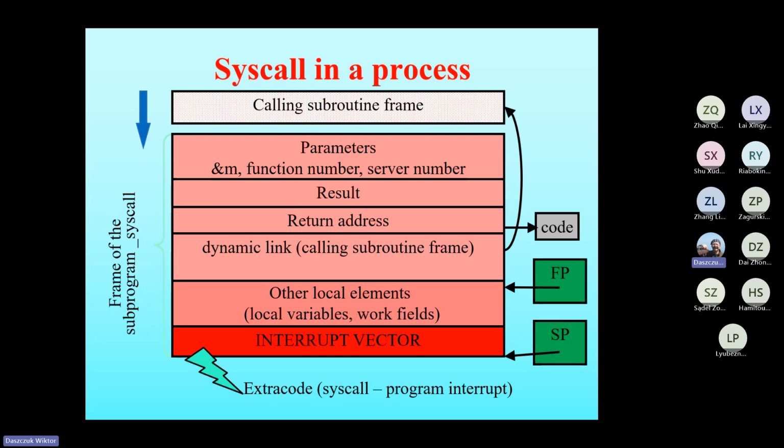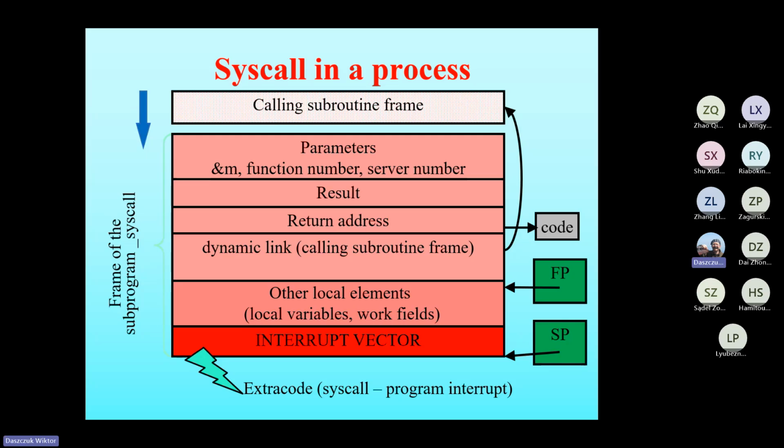And finally, this function performs syscall. Syscall is a software interrupt. In Intel, it is the instruction with the mnemonic name int. Every interrupt stores on the stack what? The interrupt vector, the trace, and the flags register.